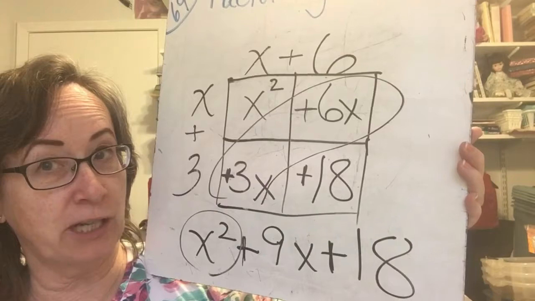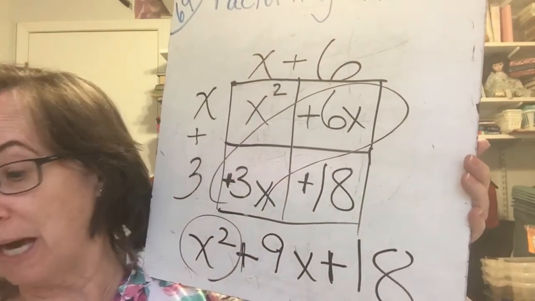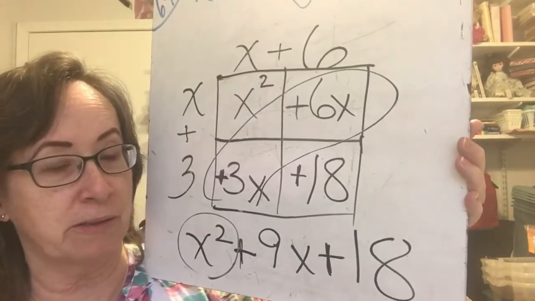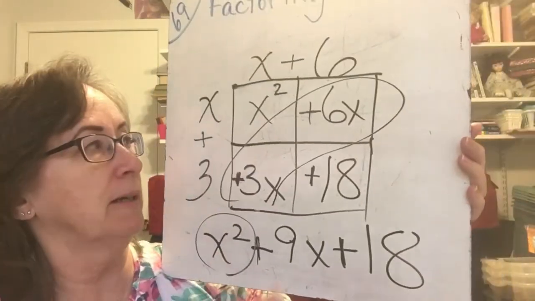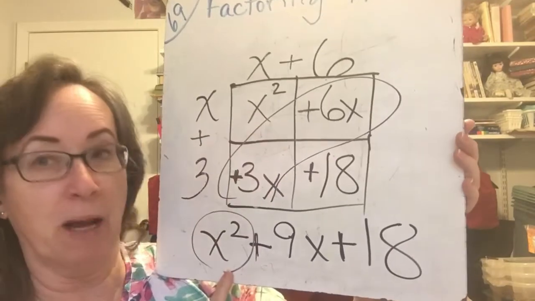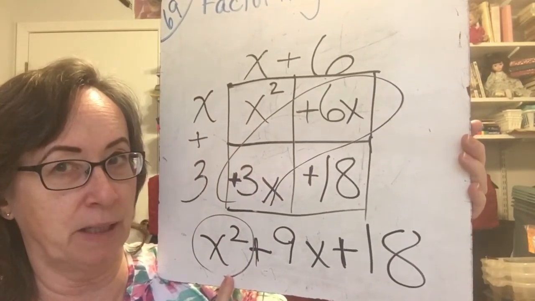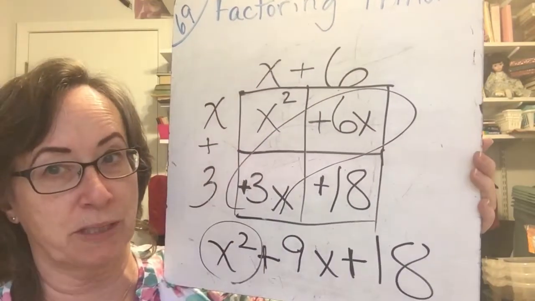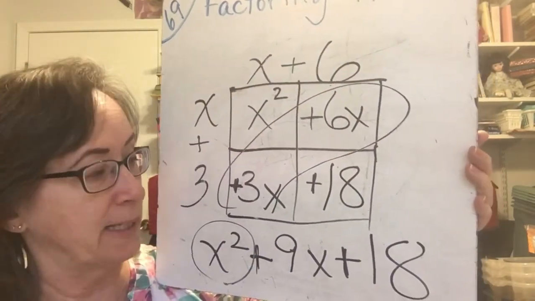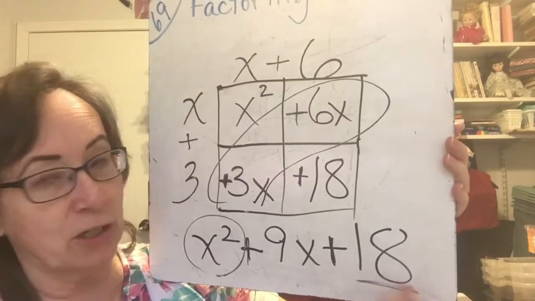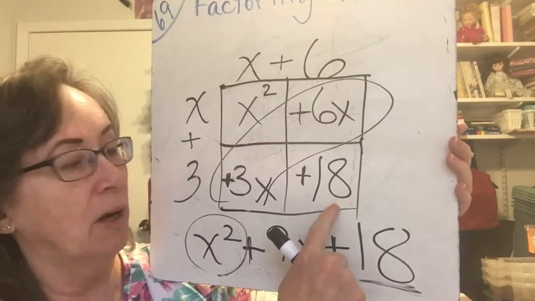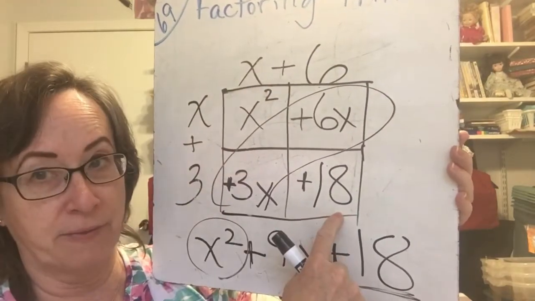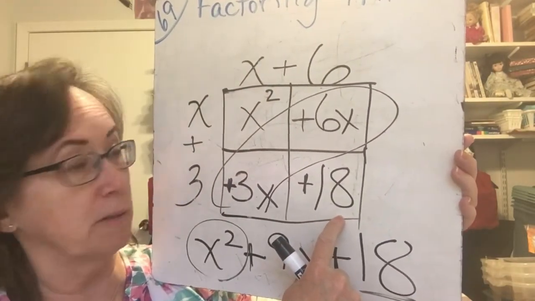Okay, so if you actually have your orange book here, down at the bottom of page 280, it gives you 4 rules. So let's talk about these 4 rules. This first term of the trinomial was the product of the first 2 terms of the binomials that were multiplied together. The last term of the trinomial was the product of the last 2 of the binomials.